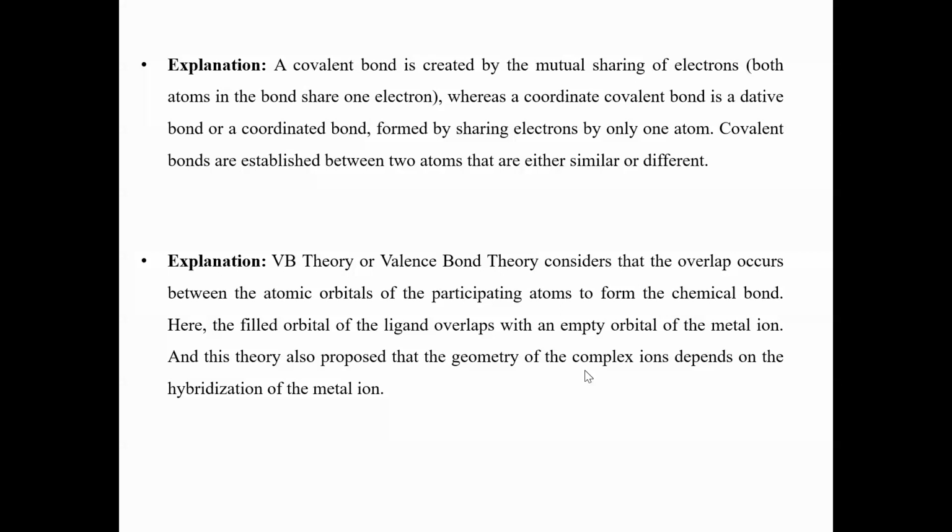So valence bond theory considers that overlap occurs between the atomic orbitals of the participating atoms to form the chemical bond.